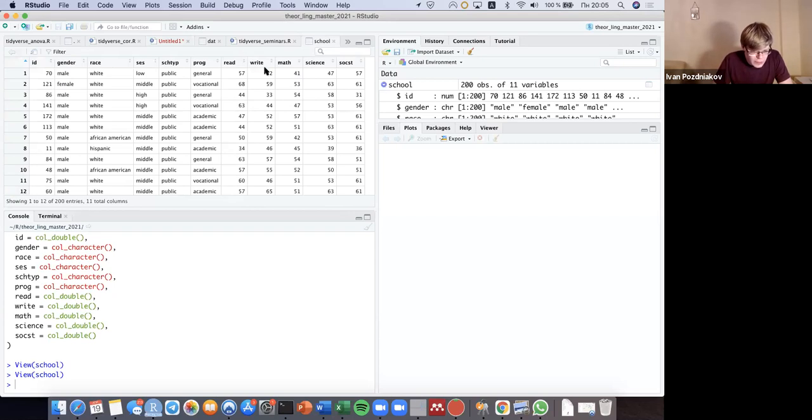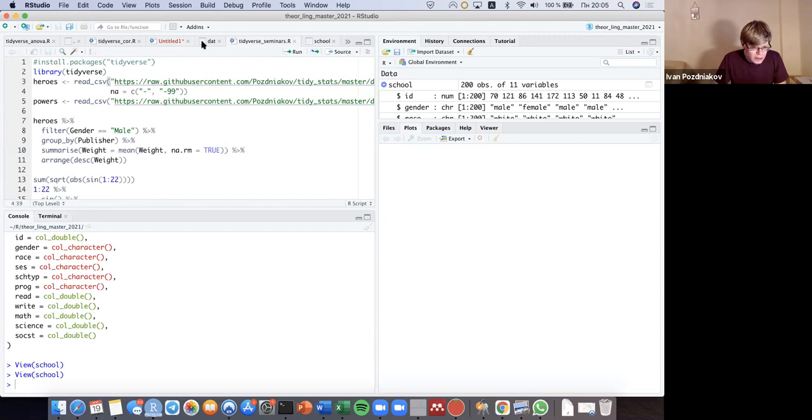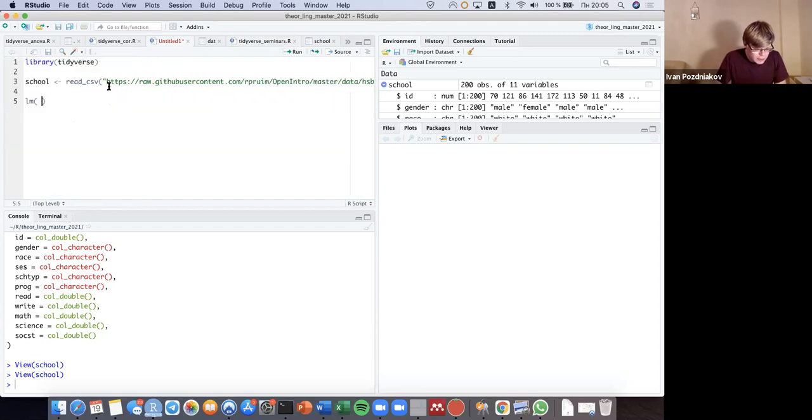And let's say we want to do reading on writing. The predictor is always after the tilde. I mean this tilde, where you have the letter yo or backtick. It's usually in the top left corner of your keyboard, or maybe on the bottom left.